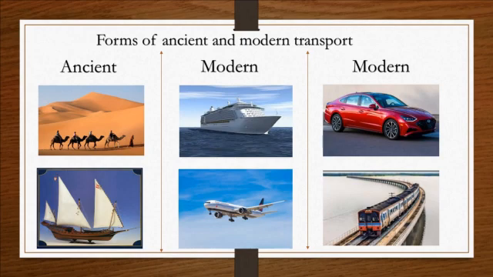All these are the modern ways of traveling which were not there long ago. So the Middle East economy has also changed, or has become better, because of the modern ways of transport.